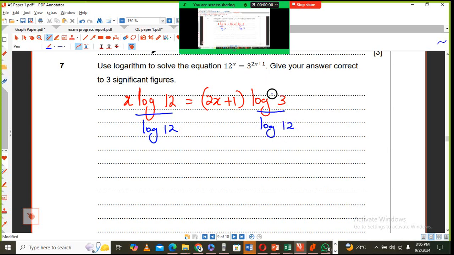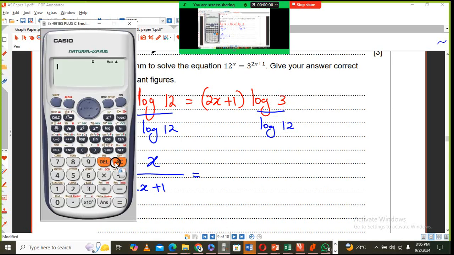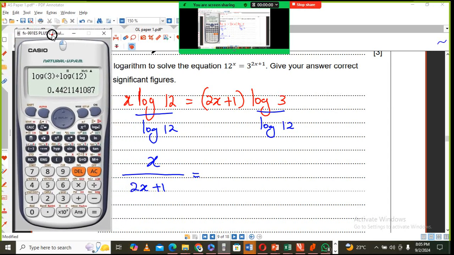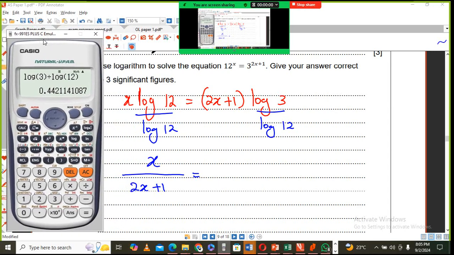Take note that is just a number. And I will divide both sides by that 2x plus 1. And whatever this answer is here, I can say log 3 divided by log 12 minus 2.